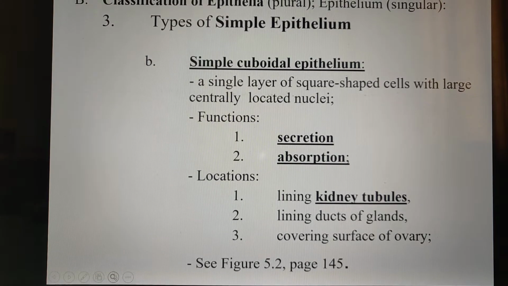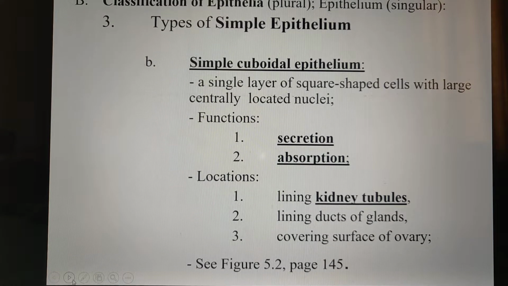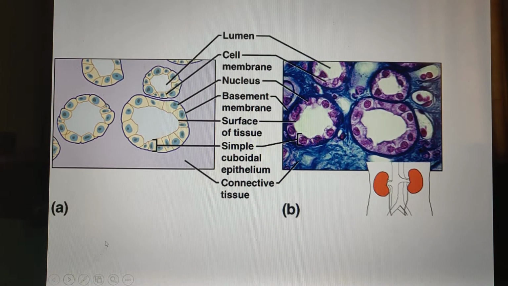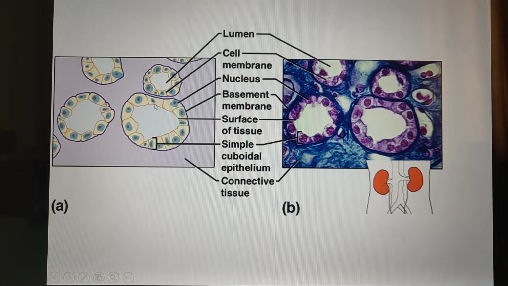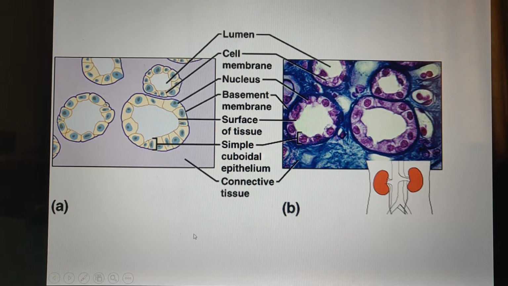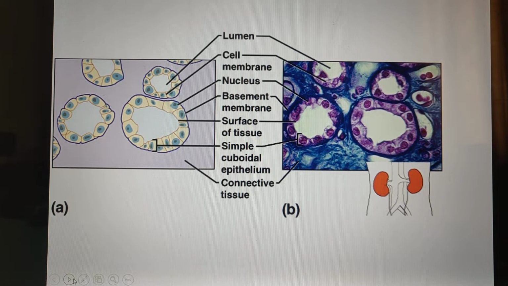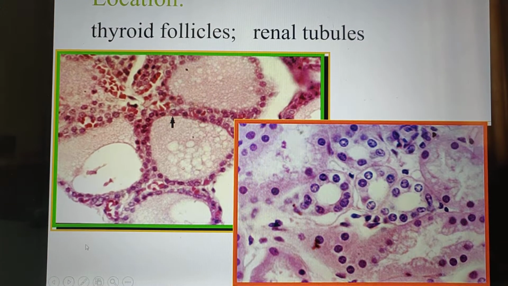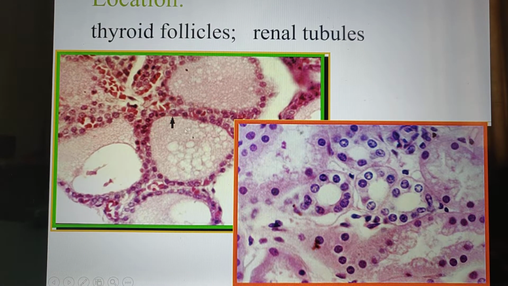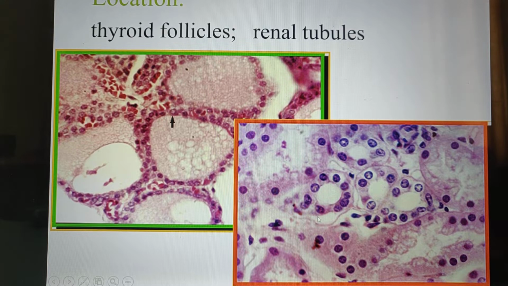Here you can see these are cells whose length and breadth are equal, with a centrally placed nucleus. We already discussed that it is present mainly in glands, such as the thyroid gland, as well as inside the renal tubules.